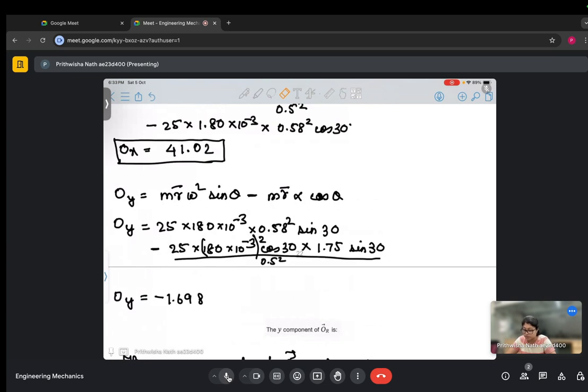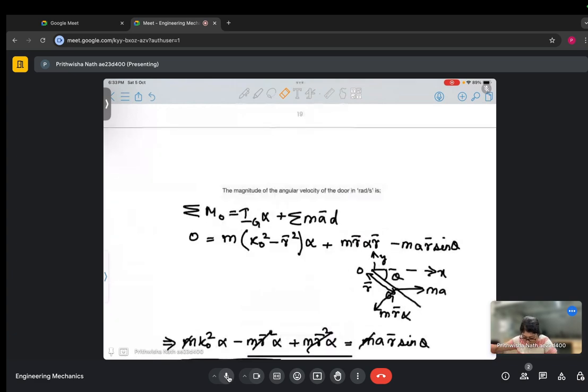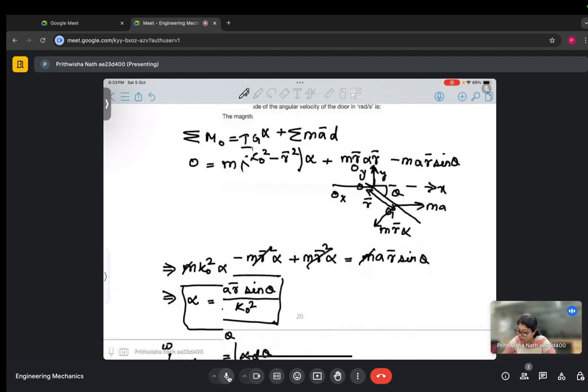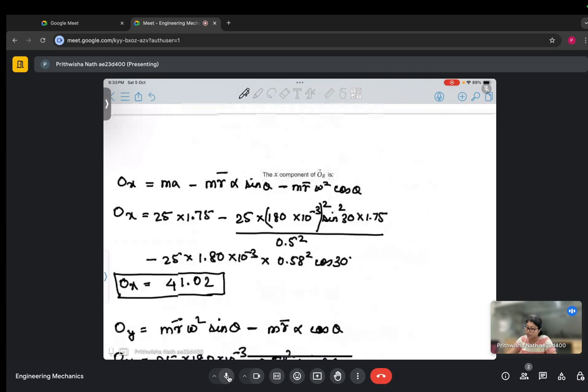So this is O_X, and this is O_Y. This becomes negative, so it means it is acting in the downward direction.